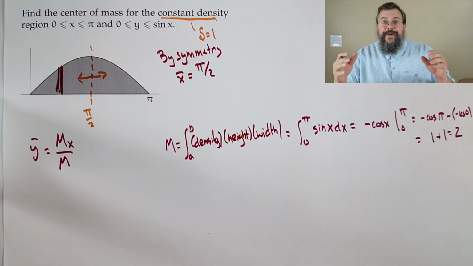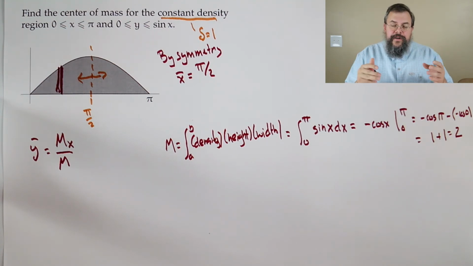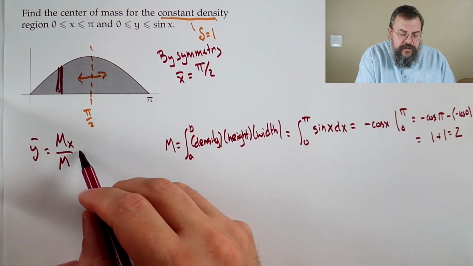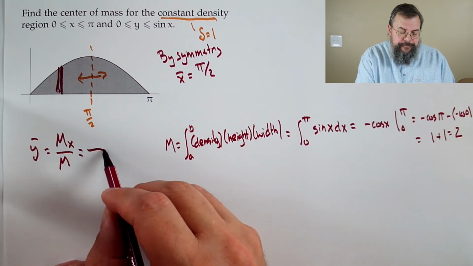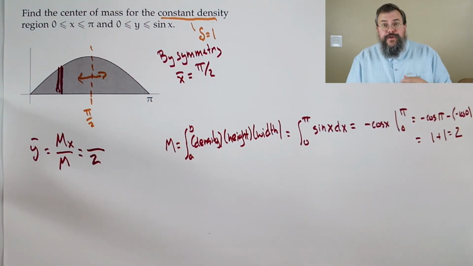Aha, beautiful. It's 2. Of course, when we have constant density of 1, mass is really just area. We've actually found the area under the sine curve before. It's been a while, though, so it's not bad to do it again. Okay, so our denominator is 2.